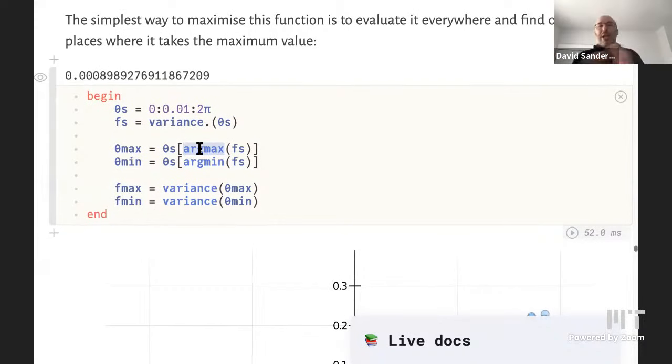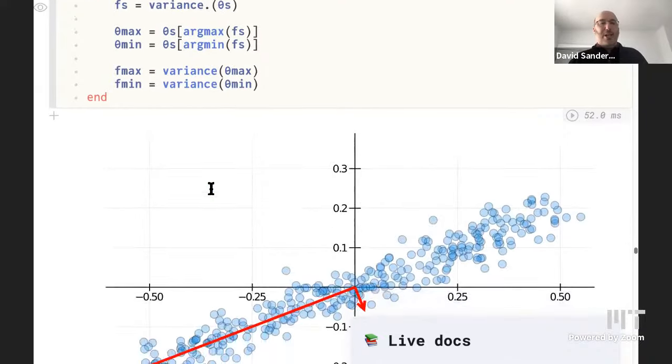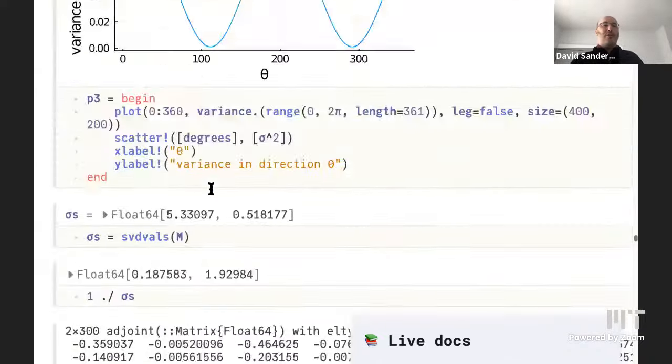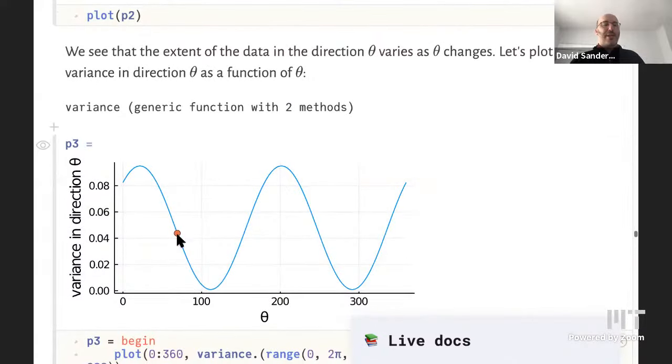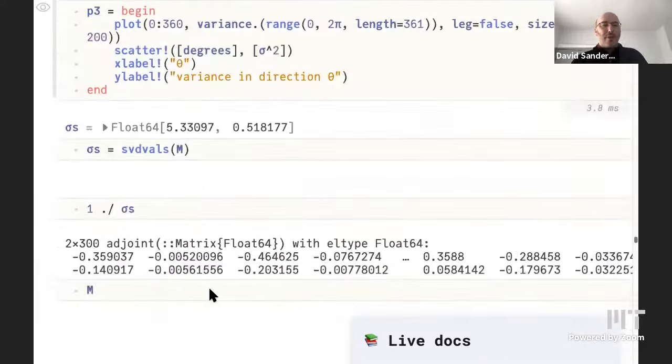I'm finding which position in the array gives me the maximum value. Here I've calculated the variance in each direction, and I'm calculating which one is the maximum. And then I'm evaluating theta there, and taking the variance at that point, because I need both of those pieces of information to draw this point on this graph, right? Which theta it is, where I am in theta, and what is the value there.